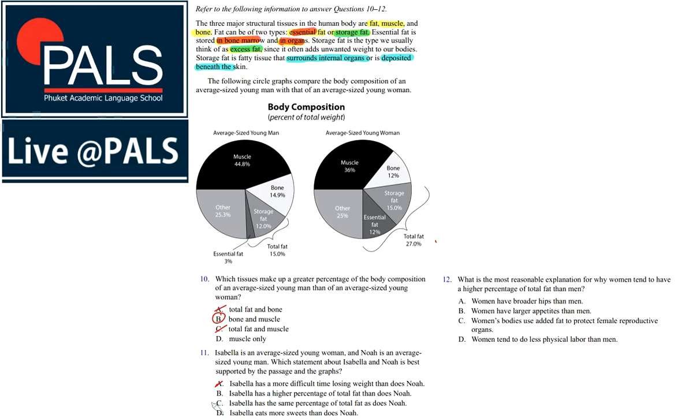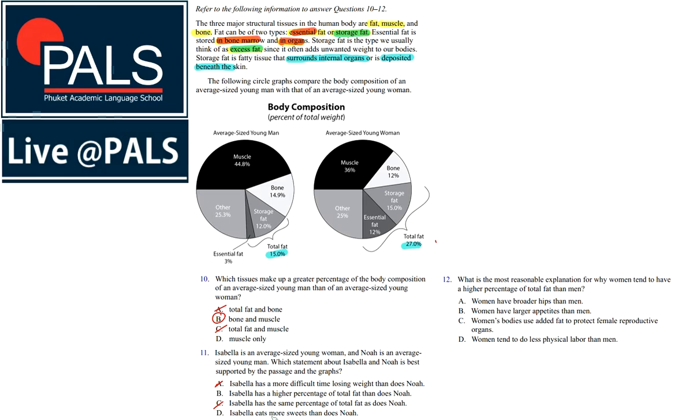Isabella has a higher percentage of total fat than Noah does. That looks good. Isabella has the same percentage of total fat as Noah does. Probably not, because we can see that is different here. Total fat is 27% in women, whereas it's only 15% in men. So probably not that.